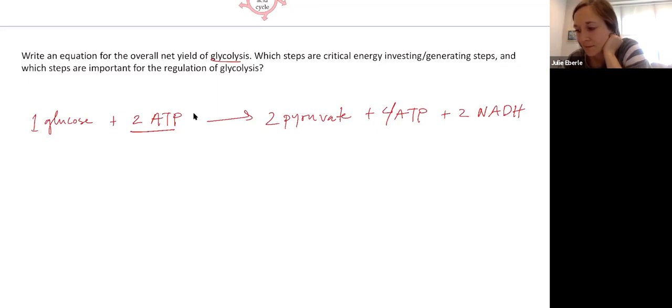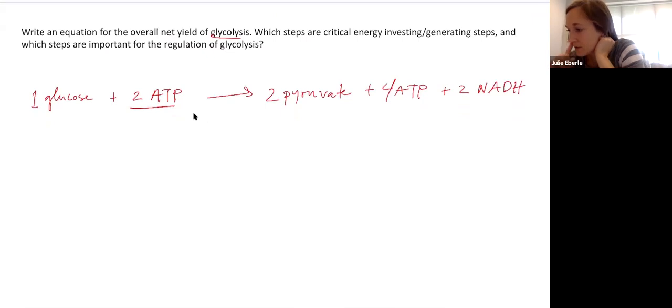All right. For the exam, also be able to calculate how many ATP we get from glycolysis. We might actually look at that example after we finish this question. Okay, so that's the first part. Now it says which steps are critical energy investing, which ones are energy generating. There's 10 steps total.